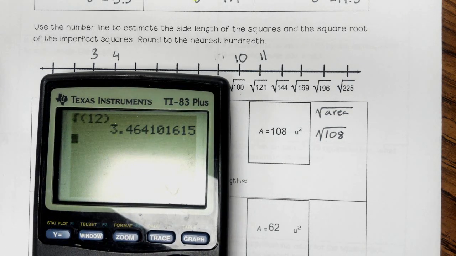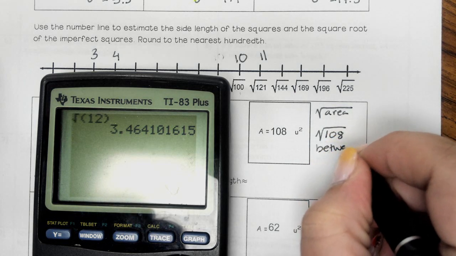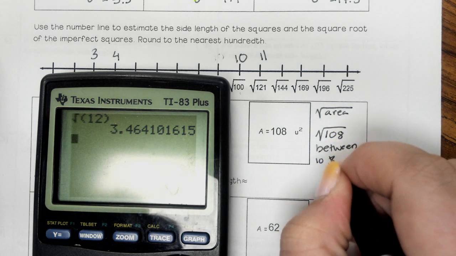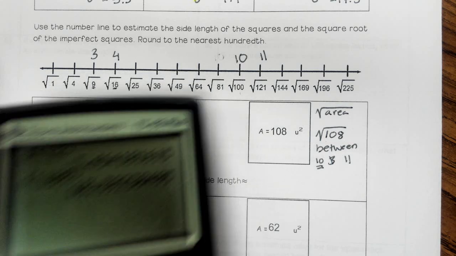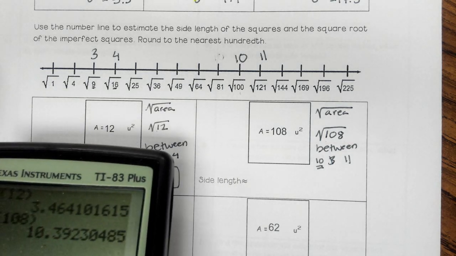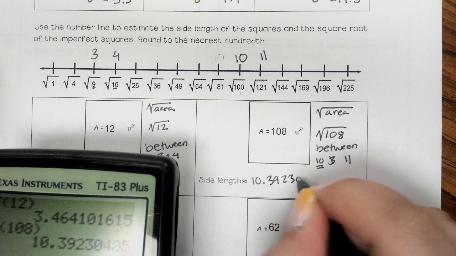So we're going to check on our calculator now. We know that this is between 10 and 11, and it's way closer to 10. So we're typing in the square root button by hitting second x squared. And we want the square root of 108, which is about 10.39230.